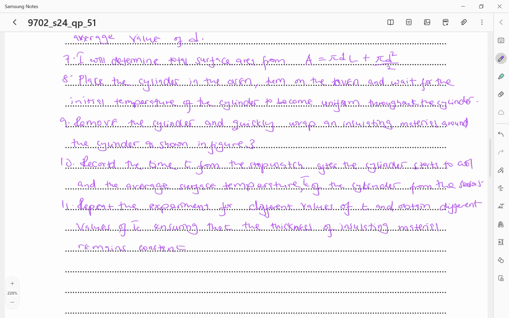The thickness of the insulating material must remain constant, because if it changes, it affects the values of TC.